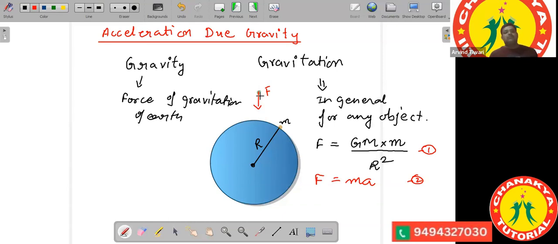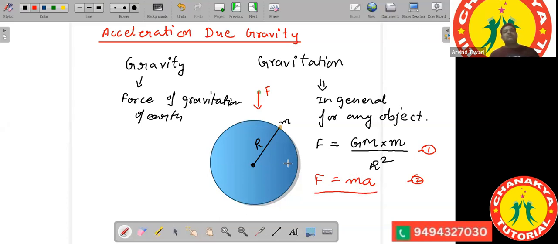And we know that force is also equal to mass into acceleration. If there is a force, whether it be gravitational force, electrostatic force, a force by push, or a magnetic force, any force, whatever force is there, that force must produce an acceleration, and therefore force equals mass times acceleration.